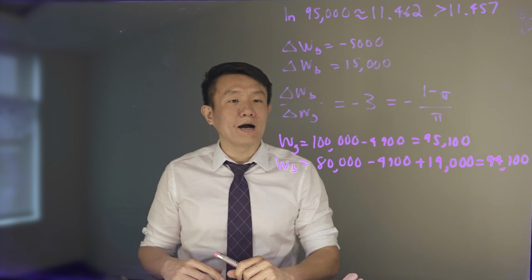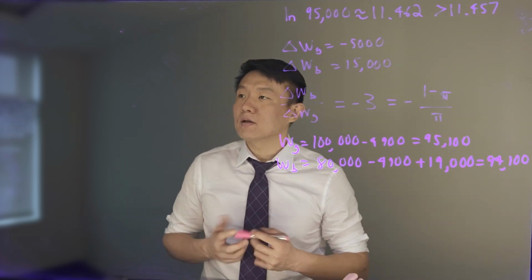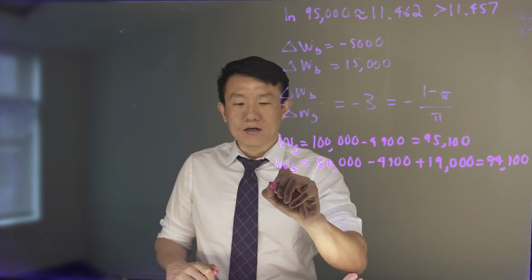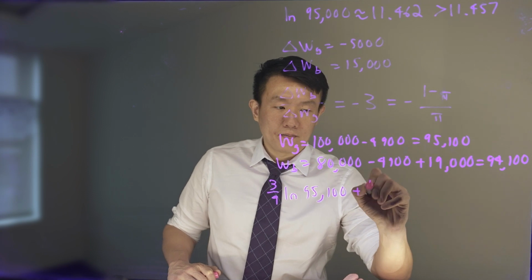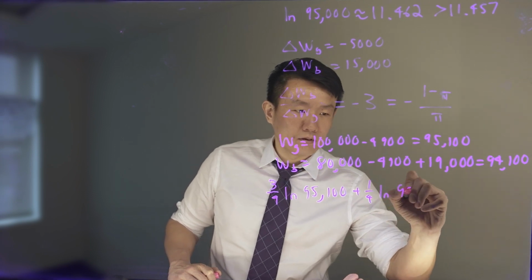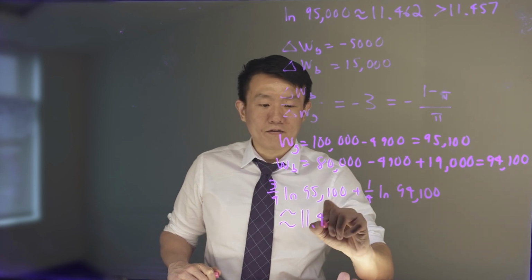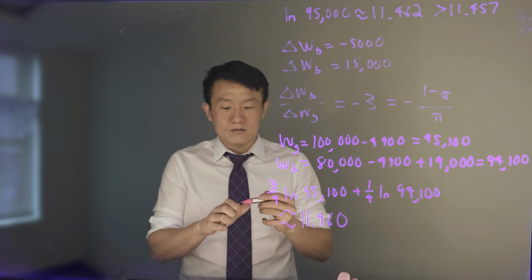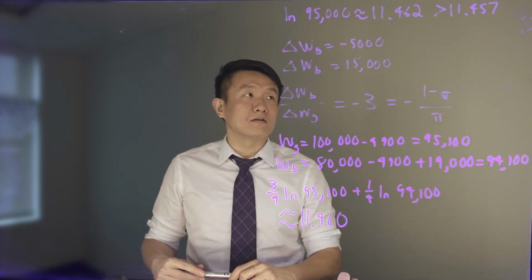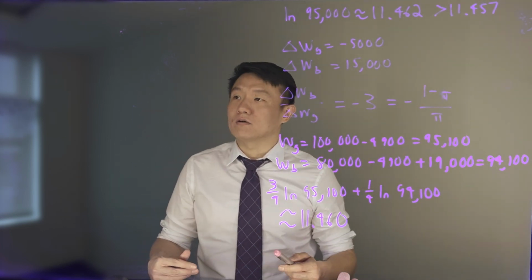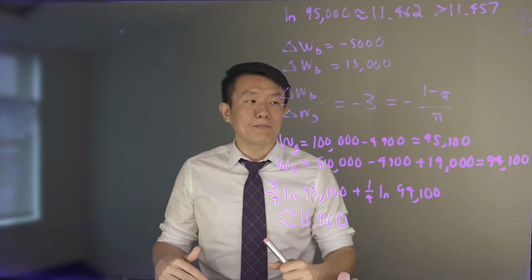The wealth will be higher in the good state than the bad state. However, if I compute the expected utility of this, that's about 11.460. That's not as good as having full insurance at fair prices, but it's still better than having no insurance. So if this were the only alternative, the driver would happily buy it.